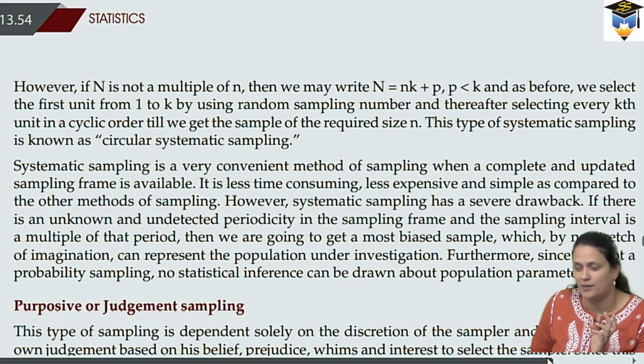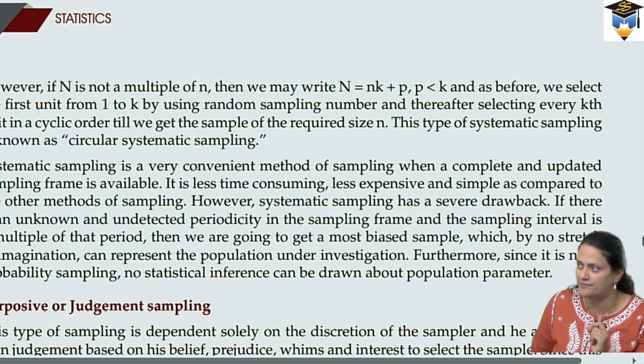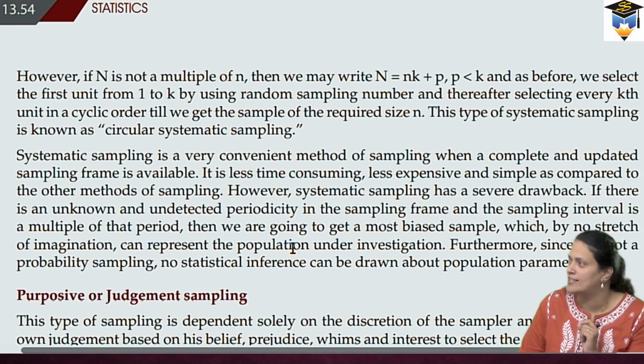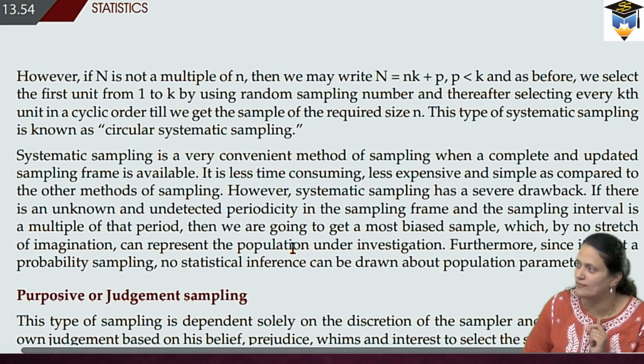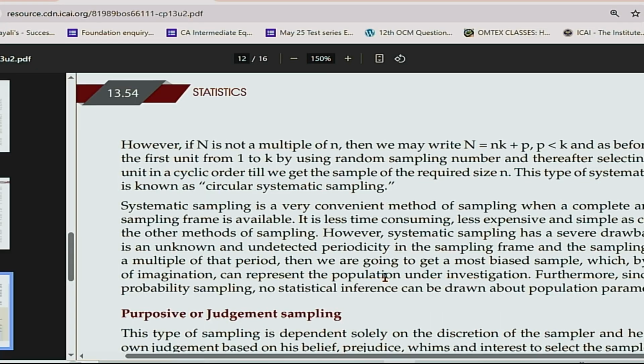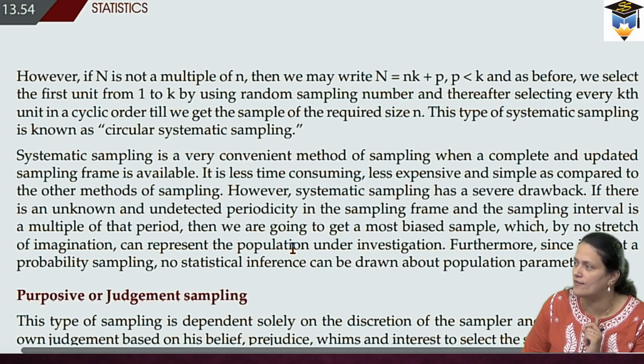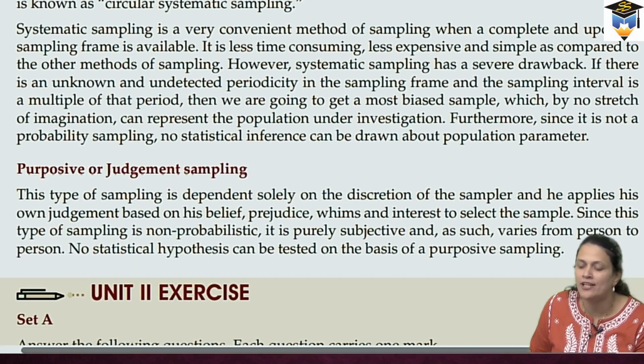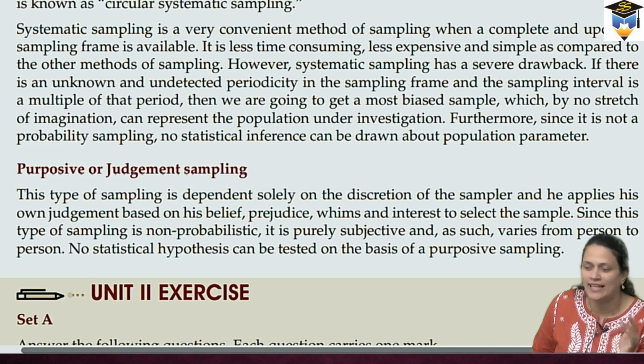And now last, purposive or judgment sampling. So start being judgmental now. Judgment sampling: this type of sampling is dependent solely on the discretion of the sampler, and he applies his own judgment based on his belief, prejudice, whims and interest to select the sample.